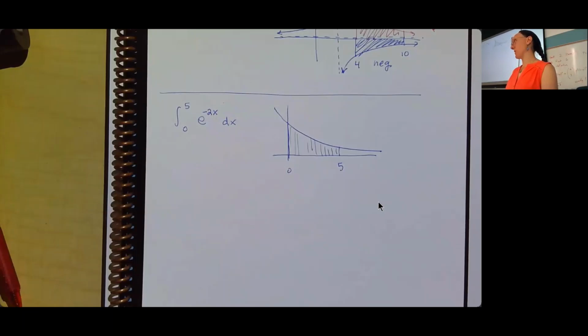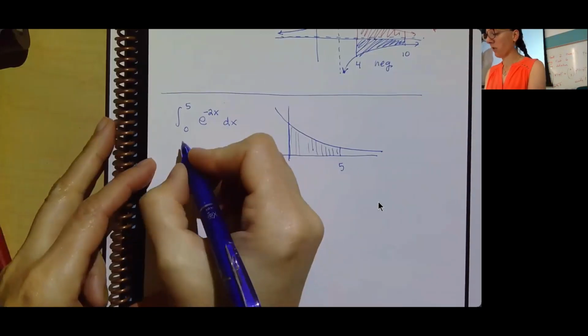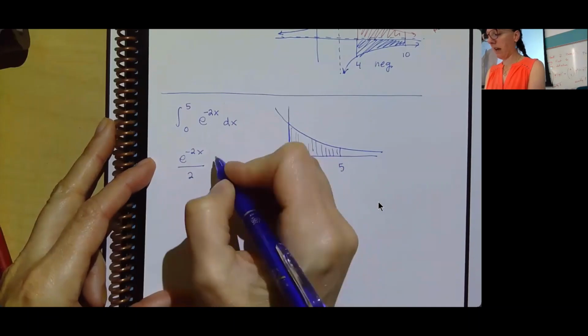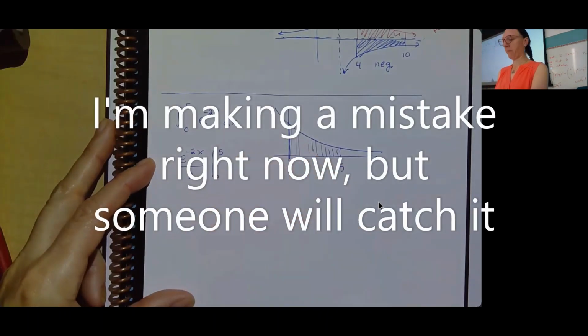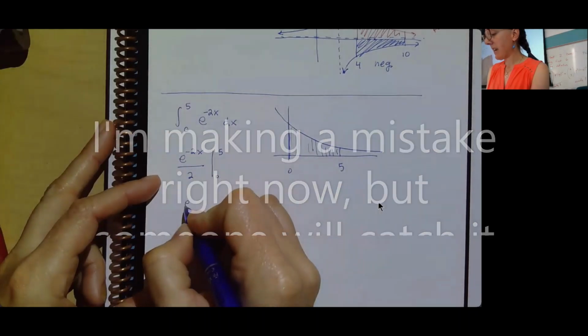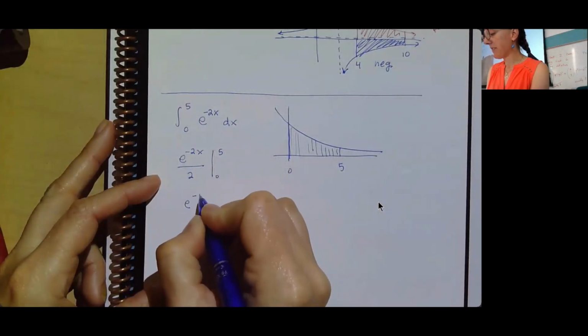I'm not going to do a u substitution because I just have that antiderivative rule memorized: if I have e to a number times x, when I take the antiderivative, I'm just going to divide by that number. So this would look like e to the negative 2x divided by 2. And then we're going from 0 to 5. If I plug in the 5 first, that's e to the negative 10.